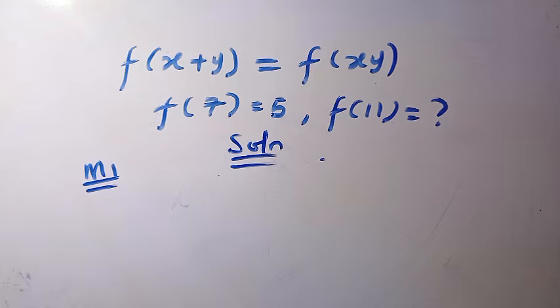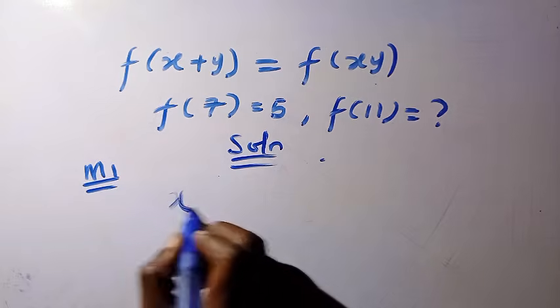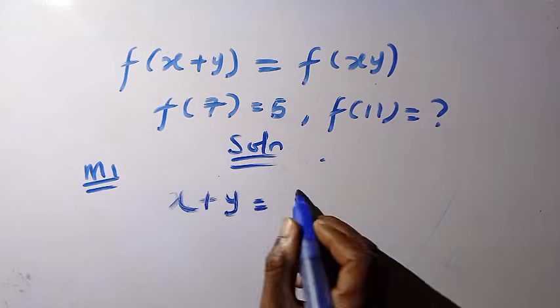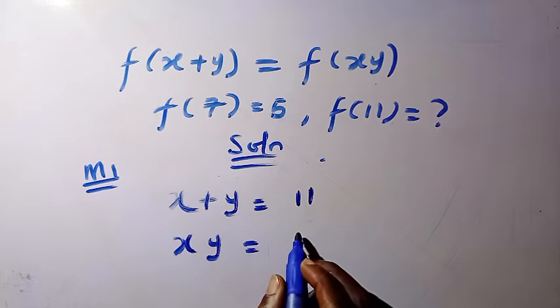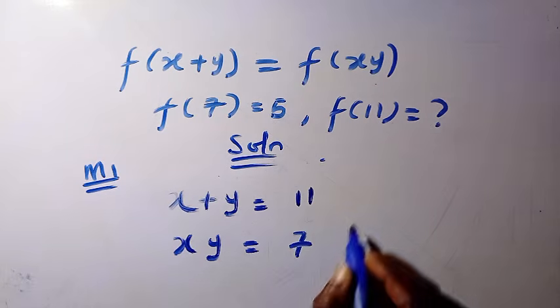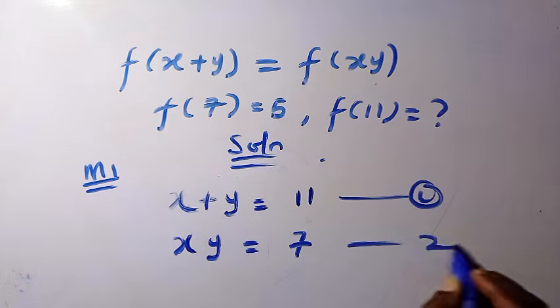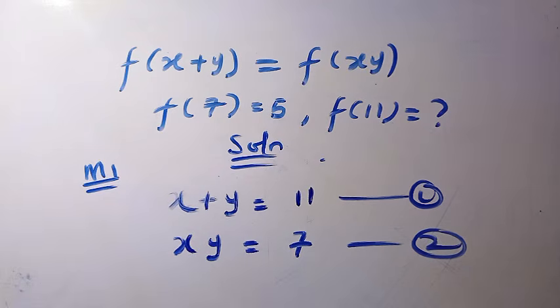If we have x plus y equals 11 and we have xy equals 7, let's call this equation 1 and this equation 2.